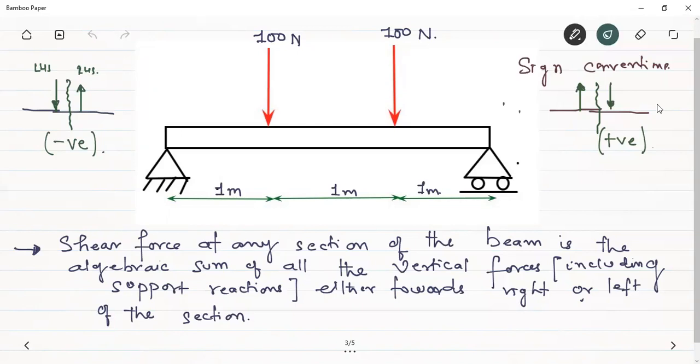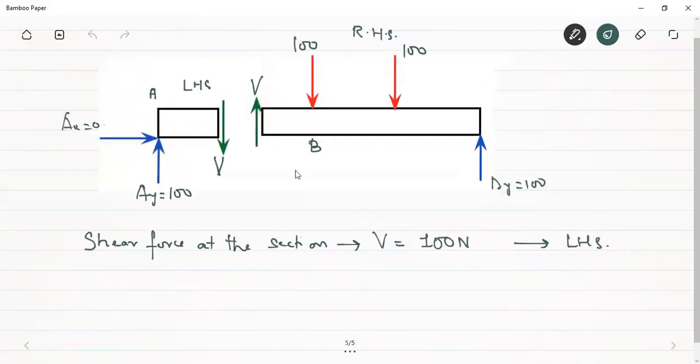Currently, I am seeing the left hand side of the section, so for it to be positive, the net force should be upwards. What is the net force in this case? Ay is upwards, because my shear force is equal to only Ay. Ay is upwards, and this is the left hand side of the section, so it should be a positive shear force.